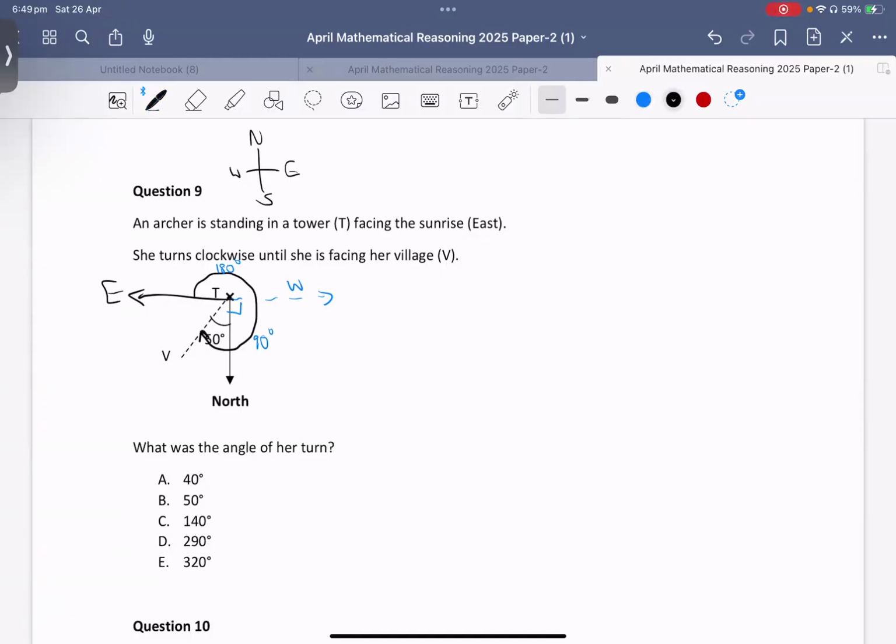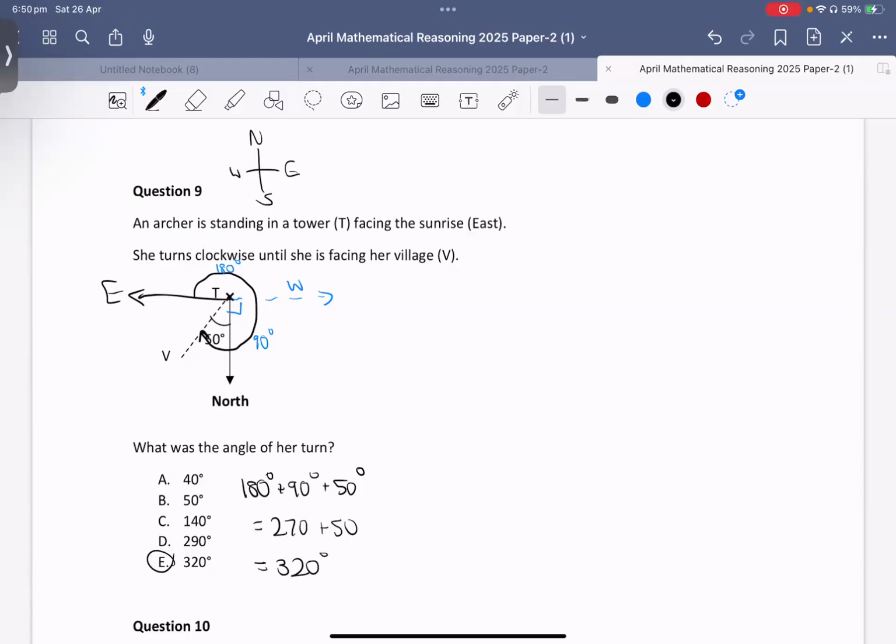So altogether, to face her village, she needs 180 degrees to turn all the way to west. Then she needs to turn another 90 degrees to face north. And her village is 50 degrees in the northeasterly direction, so we need to add that on to the end as well. This would be 180 plus 90 is 270. 270 plus 50 is 320 degrees.